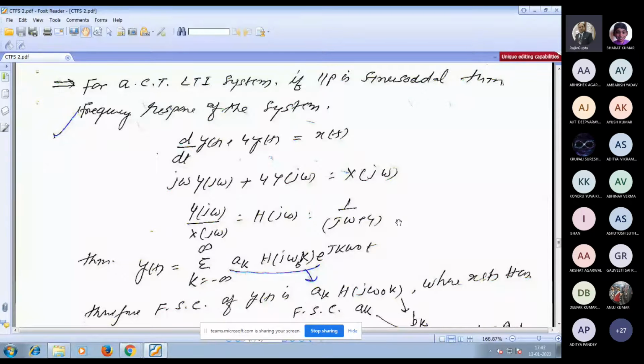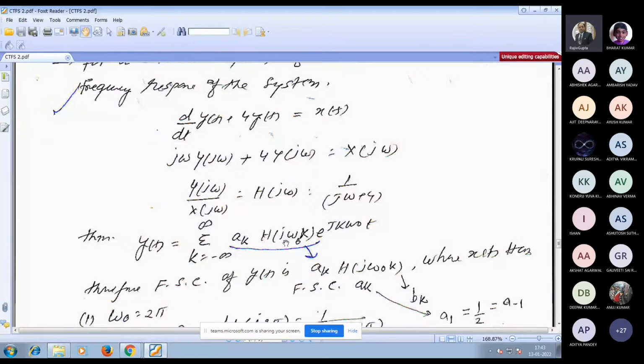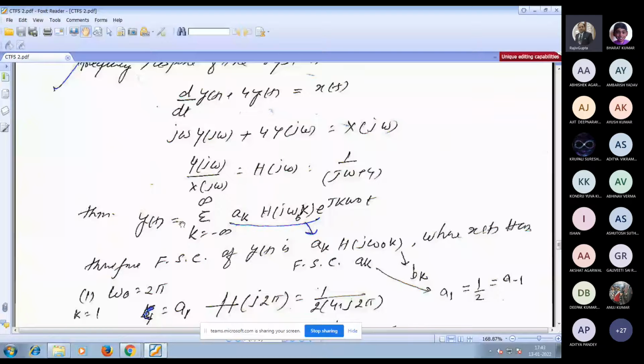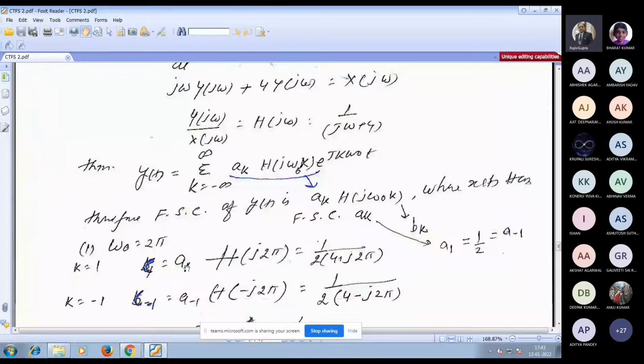ये H of j omega आ गया है, ठीक है। अब इंपॉर्टेंट चीज क्या है, इंपॉर्टेंट यहां पर यह है कि अगर मुझे y(t) लिखना है, सो हाउ विल यू राइट y(t), ये चीज इंपॉर्टेंट है, ठीक है। तो y(t) लिखने के लिए मैंने आपको क्या बताया, किसी भी LTI सिस्टम के लिए आपको दो चीजें जानना जरूरी है, एक तो उसका ak, दूसरा H of j omega.